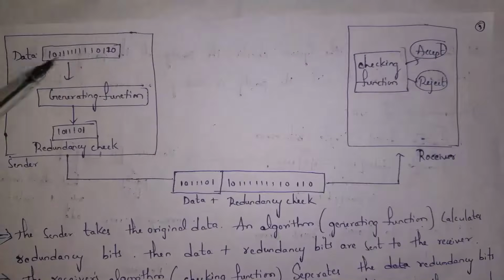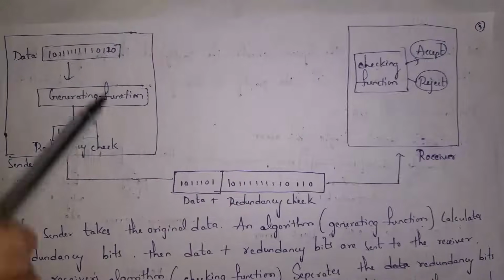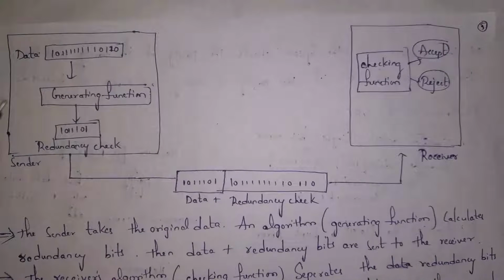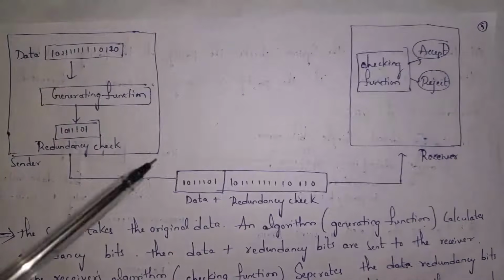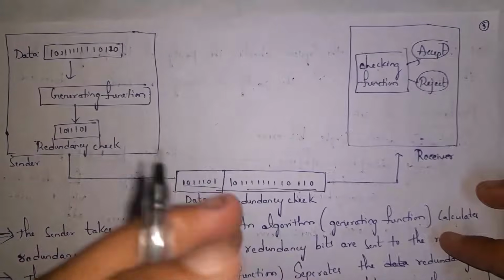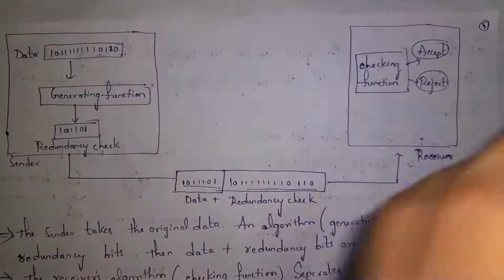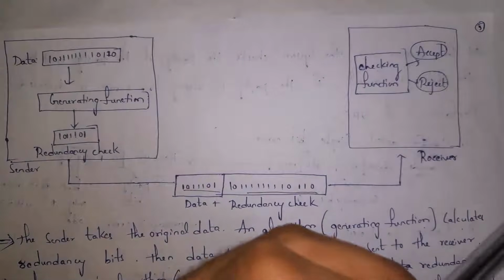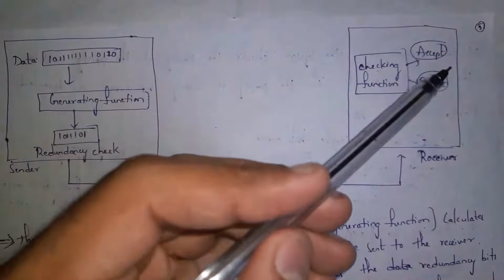For example, the sender wants to transfer this data. The sender computer contains a generating function. A generating function is nothing but an algorithm. Whenever data is given to the generating function algorithm, it will automatically create extra bits based on our data. So the actual data as well as the extra bits are combined and then sent to the receiver. The receiver computer contains a checking function, which is also an algorithm.